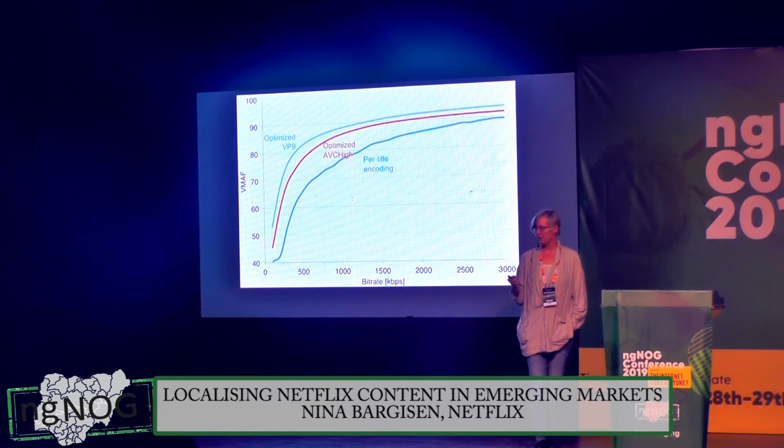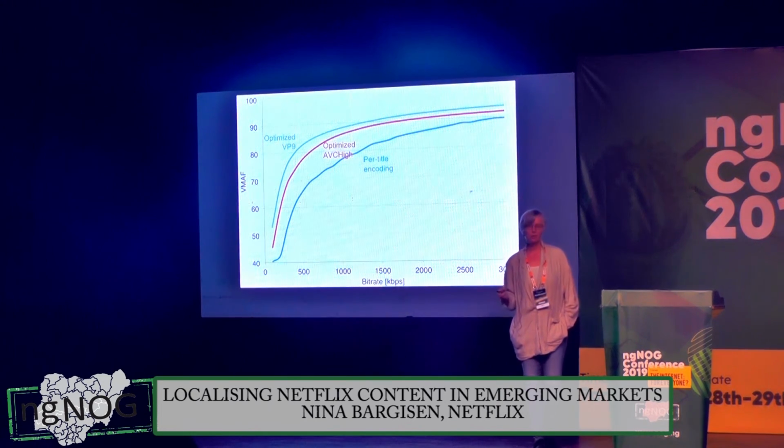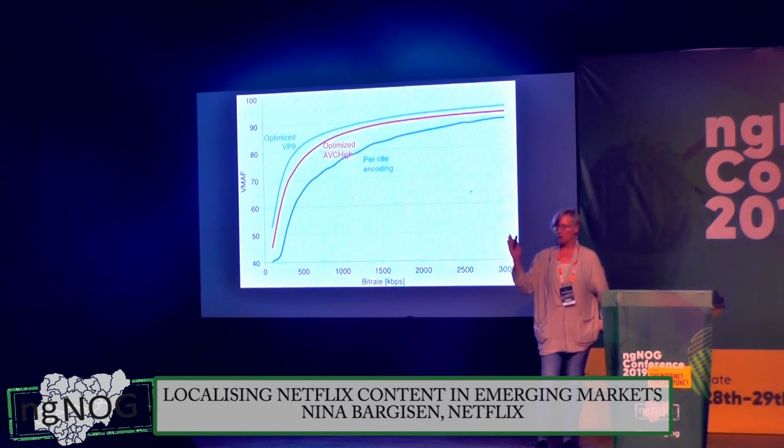At some point, we decided that's not a very good idea, so we started chopping them up into smaller bites, and then just do one piece. So we're doing it per scene now, saying this scene for this resolution should have this bit rate, and that way we are able to have a lower bit rate while still maintaining the same or better quality.